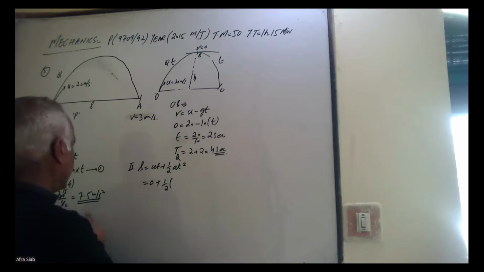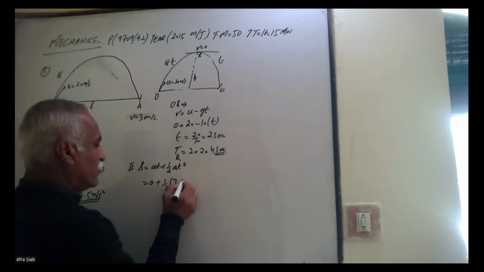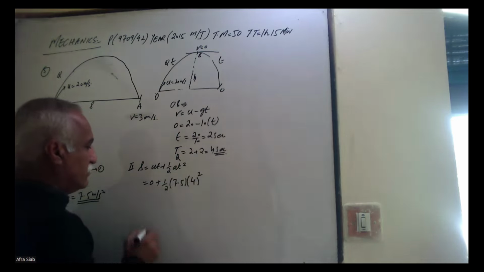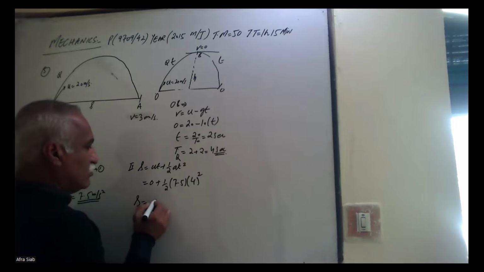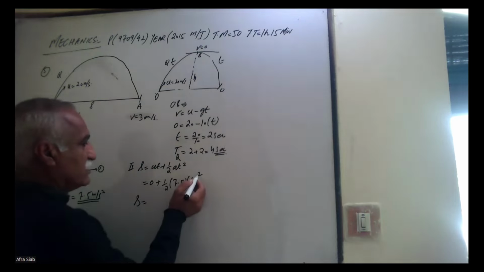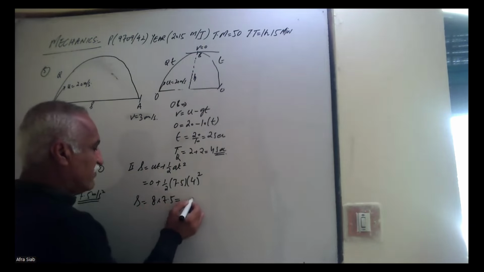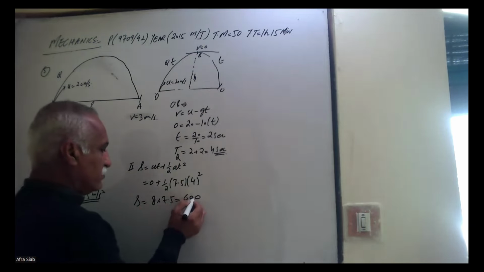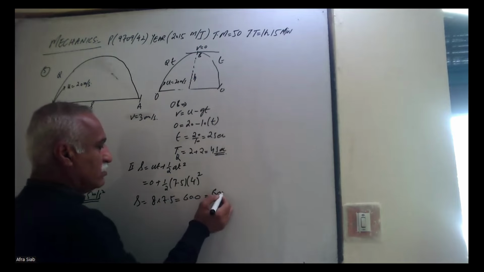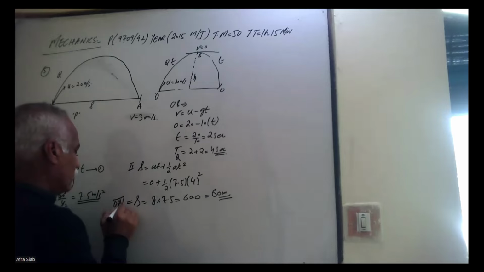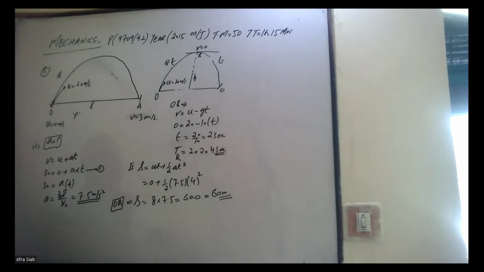Acceleration we have calculated equal to 7.5, into time, which is equal to 4. So S is equal to 4 fours are 16, over 2, 8 into 7.5. So that is equal to 60 meters, the distance of this particle from O to A there. So this is the solution of question number 5.